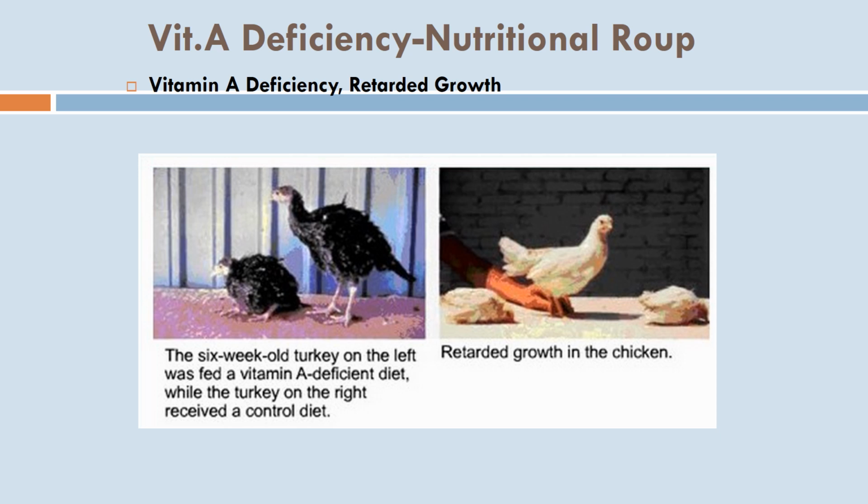So you can compare the health of these two birds. Similarly, for the retarded growth in chicken, in the right side picture you can see the bird that was given a sufficient quantity of vitamin A is healthy, whereas the two others have very less weight, a very good example of retarded growth.